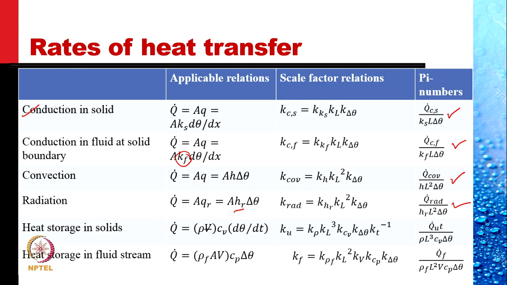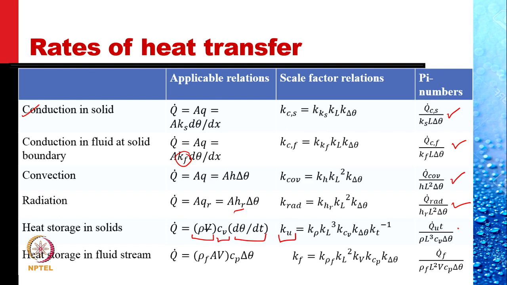Then the rate of heat storage in solids is the mass of the solid times specific heat times the rate of change of temperature. We call it the scale factor of unsteady temperature in the solid, and this is K_ρ, K_L cubed, K_Cv, the specific heat, K_Δθ, and K_T to the power minus 1, the time scale factor in the denominator.